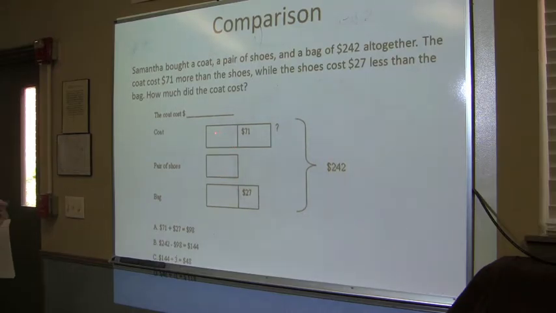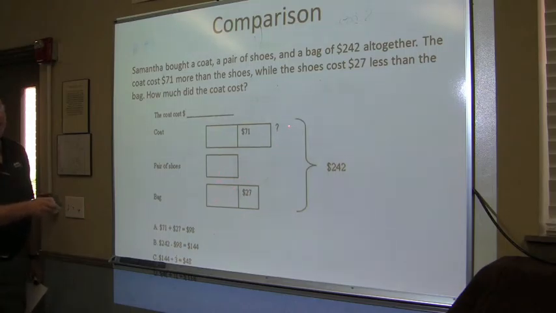Right, so once we have the unit bars down, now we go back and reread the problem, reflectively reading. The first sentence: Samantha bought a coat, a pair of shoes, and a bag for $242 altogether. So I put a bracket and the 242. Initially I have these 3 unit bars, the bracket, and $242.